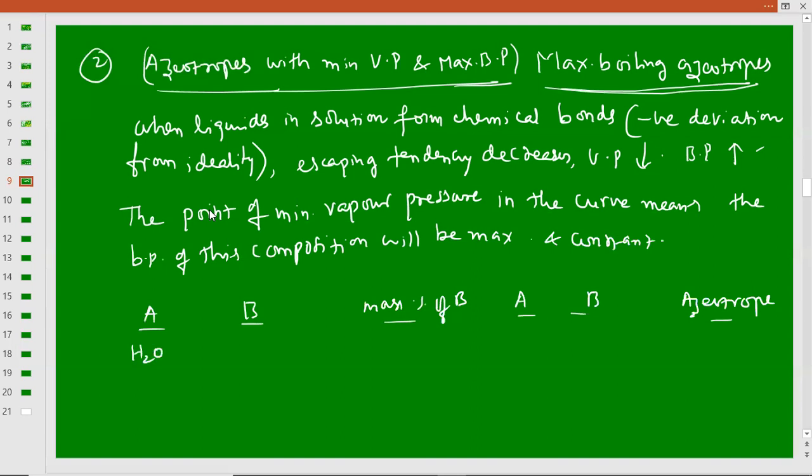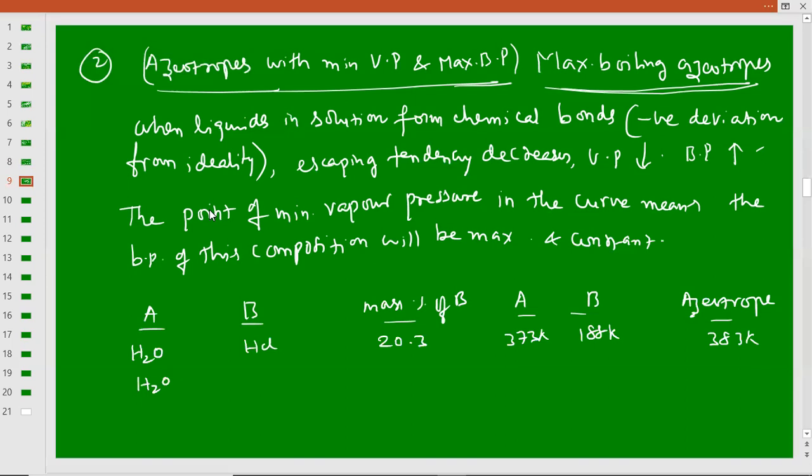If you take water as A and HCl as B, a chemical bond is forming, with 20.3 mass percentage of HCl. The boiling point of water is 373 Kelvin, HCl is 188 Kelvin. But here 383 Kelvin is the maximum boiling point of the mixture. That's why I call this a maximum boiling azeotrope.